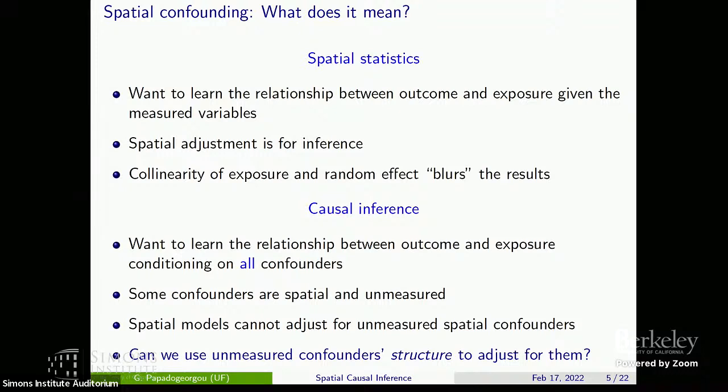Now, if that unmeasured confounder does not have any structure, so if we had IID data, there's not much necessarily that we can do there. This is up for debate, at least not without assumptions. But here I want to talk to you about the situation where this unmeasured variable has spatial structure and how we can actually use that spatial structure information to learn that unmeasured variable and adjust for it.